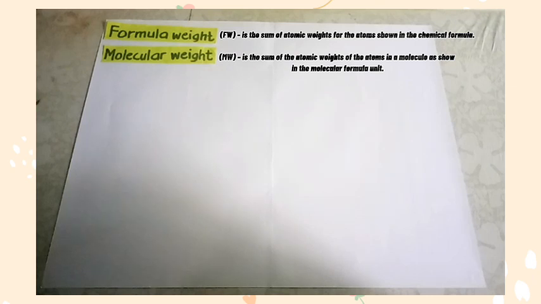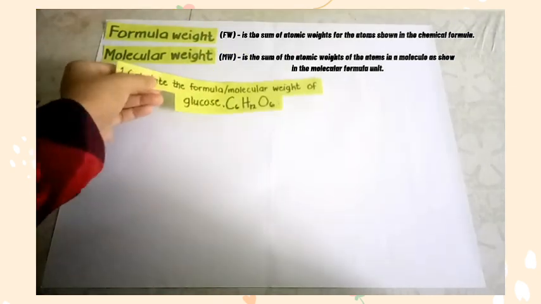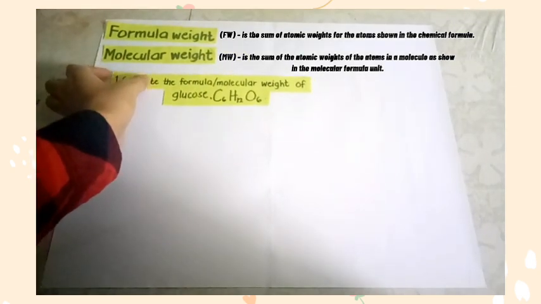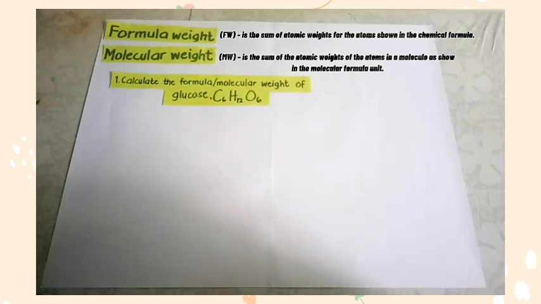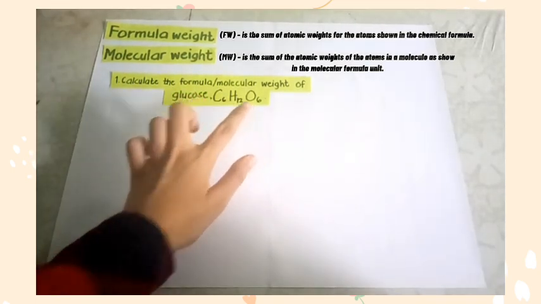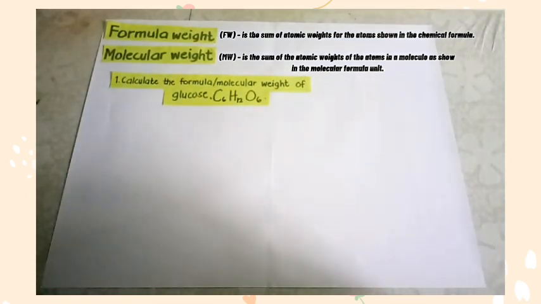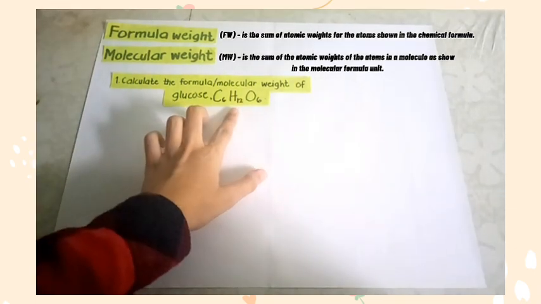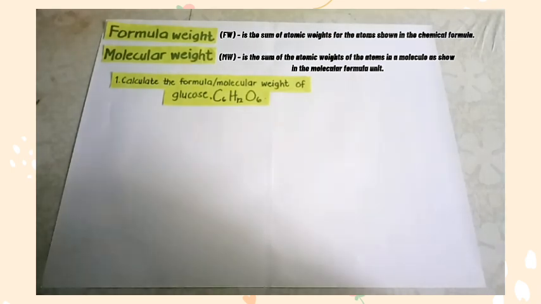So the first question that we are going to answer is: calculate the formula or molecular weight of glucose, which is C6H12O6. First, find the atomic weight of each of the elements in a compound using our periodic table. In glucose, we have to find the atomic weight of carbon, hydrogen, and oxygen.